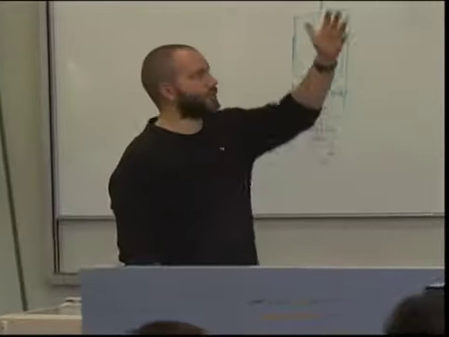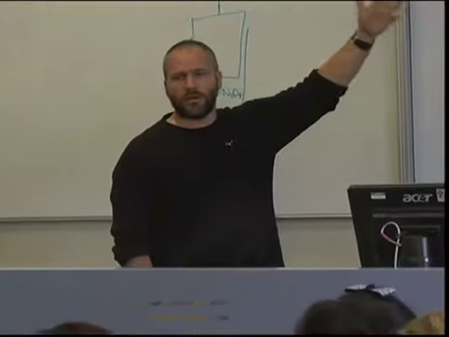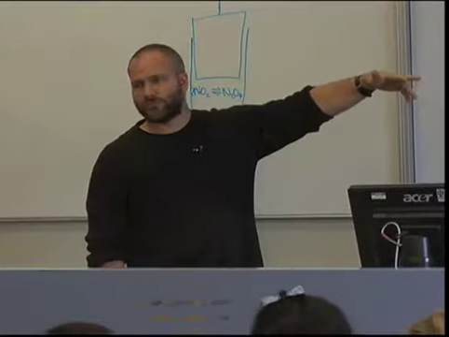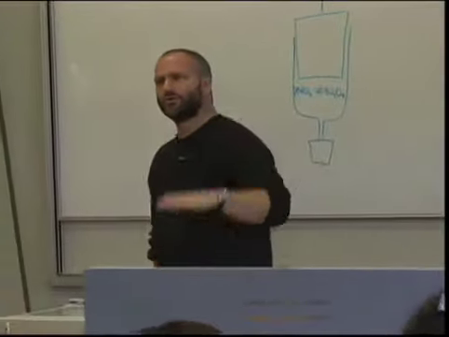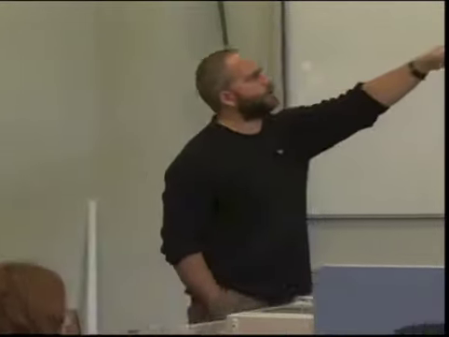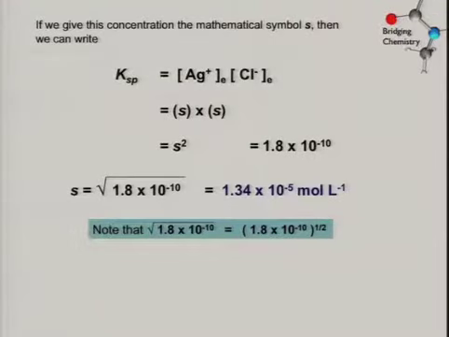Right? So we start with chemistry, we turn it into math, and then we get back into chemistry again. And so this is the way, if you're going to do your nice working, you want to work out what the concentrations of these ions are in this equilibrium solution. You should also note that even though the K has no units, once you write the S, it magically gets units back.